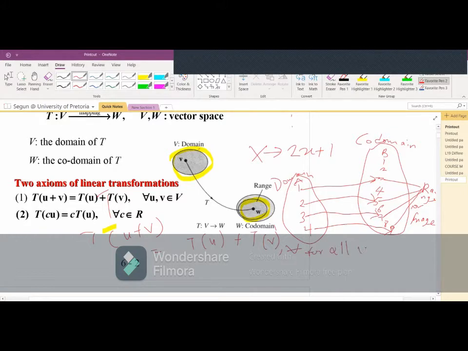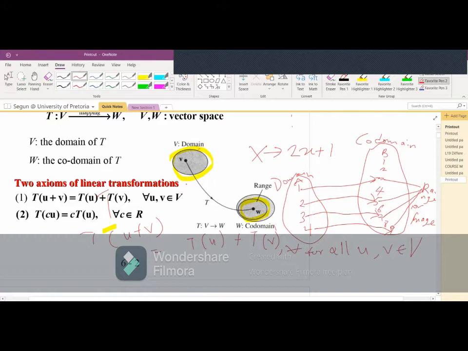That is, they all belong to this capital V. So if they want you to prove that a particular question is a linear transformation, you must be able to show this.